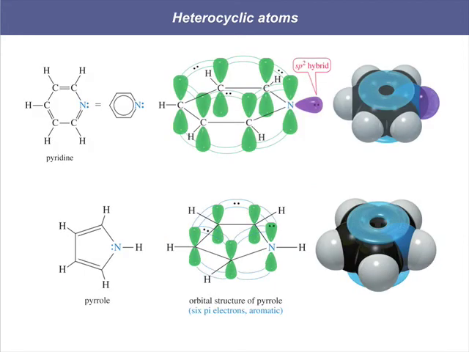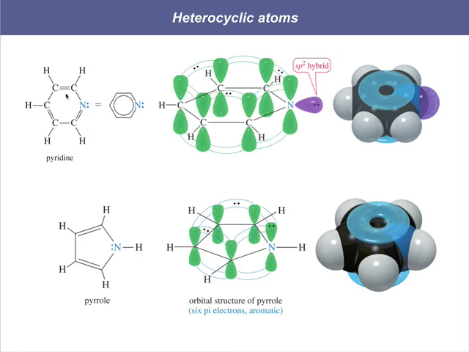Let's look at what happens with additional heterocyclic atoms. We already looked at pyrrole. Remember, in pyrrole, this nitrogen needs to be sp2 in order for our system to be aromatic. And because it can be aromatic, nitrogen will absorb that energetic penalty, move its electrons into that higher energy orbital to allow the overall state of the system to become lower. In pyridine, we actually don't need that to happen.